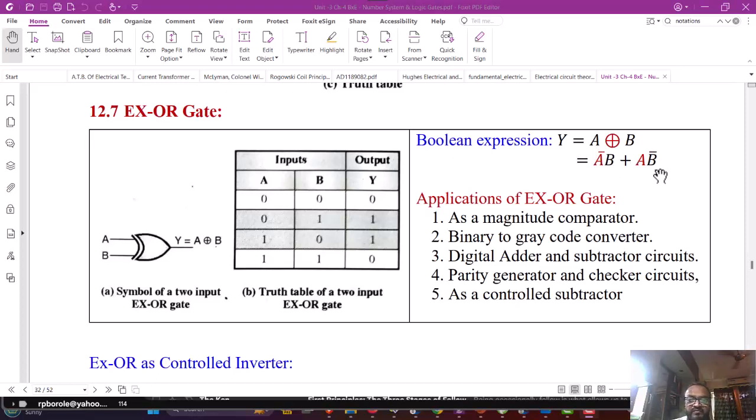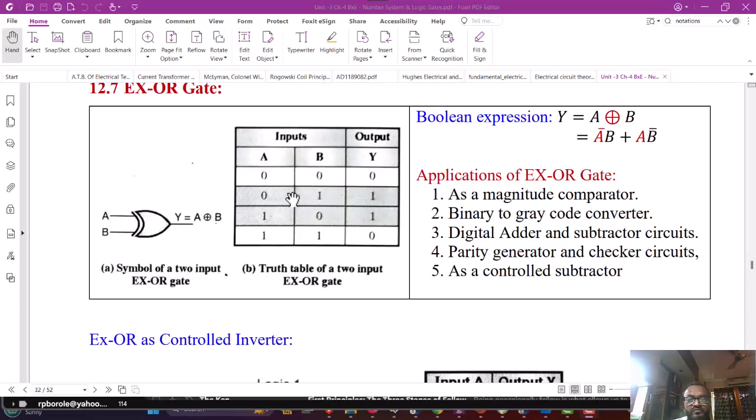Then take the next term. A is 0 and B bar is 1. So again A B bar is 0. And therefore, for first combination A equal to 0 and B equal to 0, Y equal to 0. Now consider the second row.